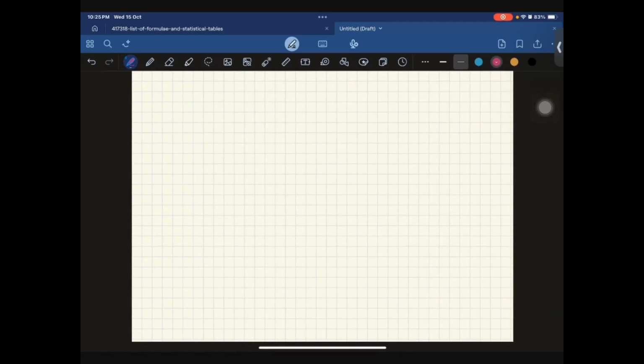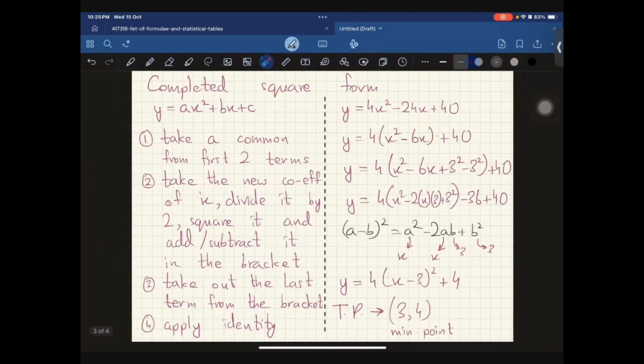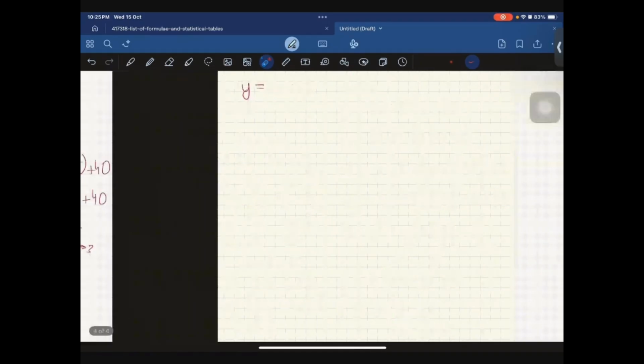So let's say we have y equals to. Do you guys want to take a picture of the steps? I myself have written these. Okay, perfect. Maya, did you get it? Oh, yeah. Okay.